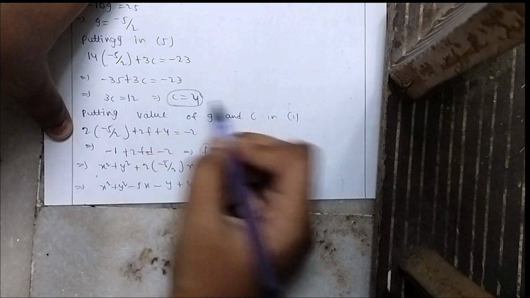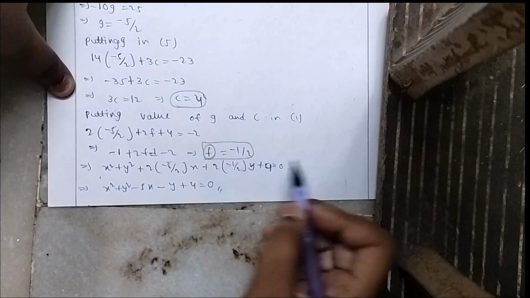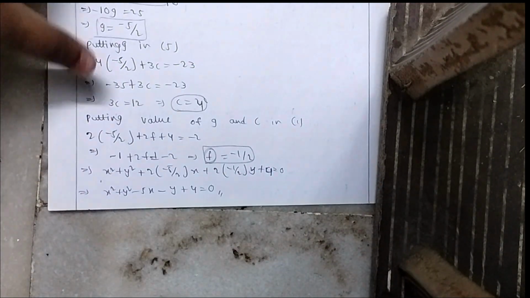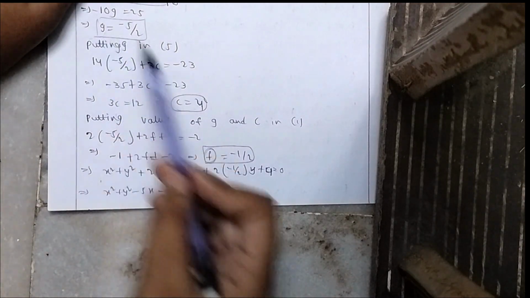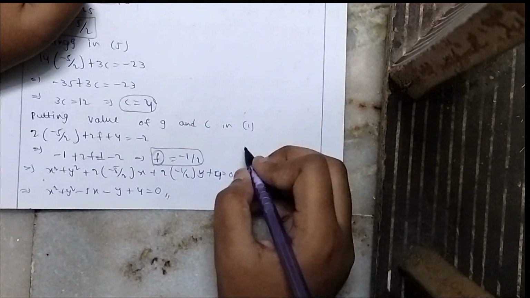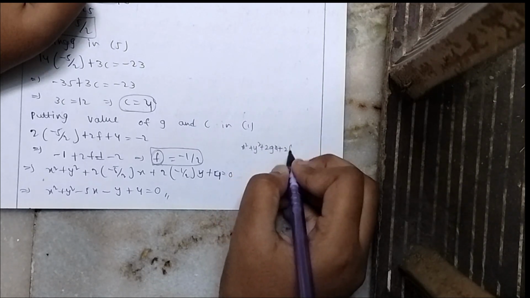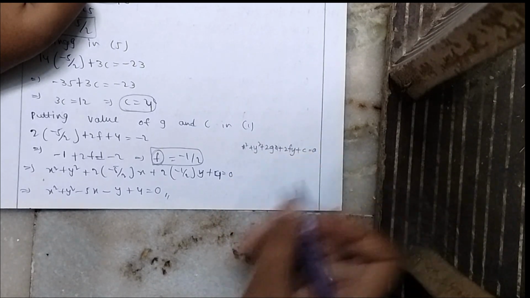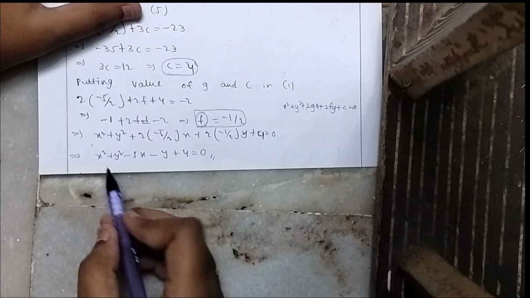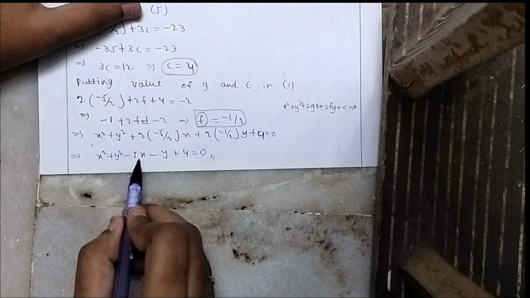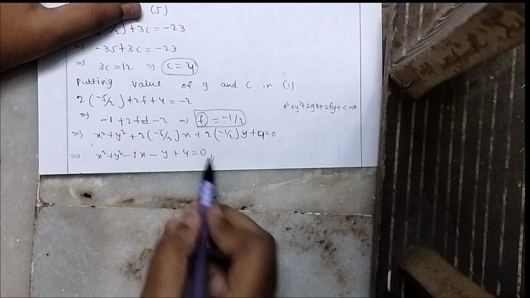Now substituting g, c, f in the equation x² + y² + 2gx + 2fy + c = 0, we get the equation x² + y² - 5x - y + 4 = 0.